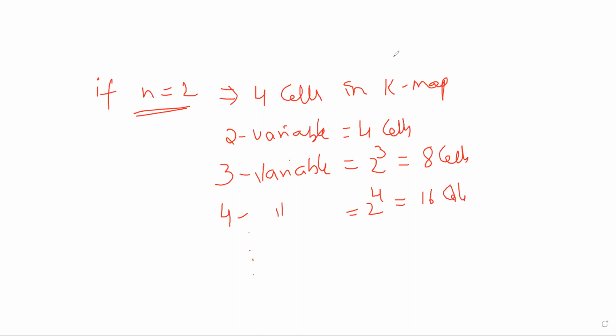Now let us consider the 2 variable K-map. For a 2 variable K-map we are having 4 cells.